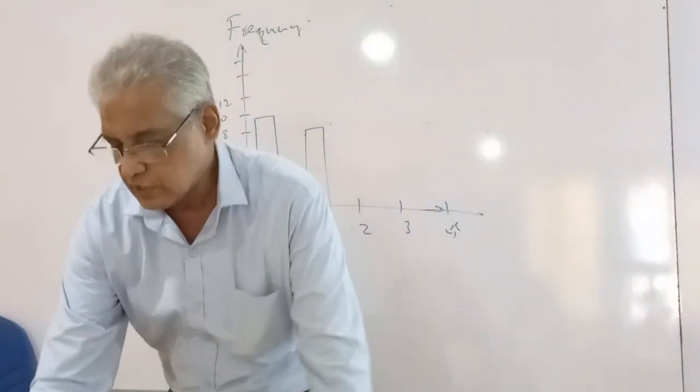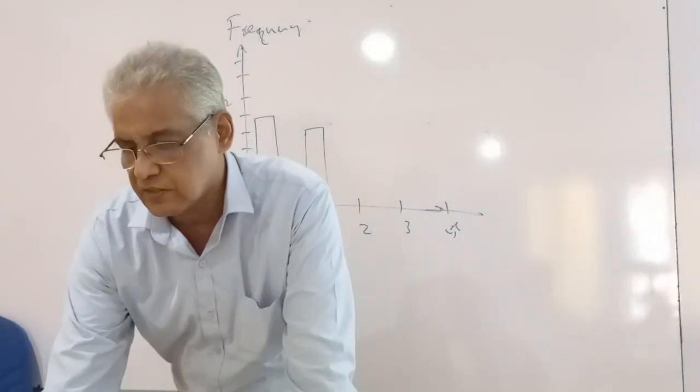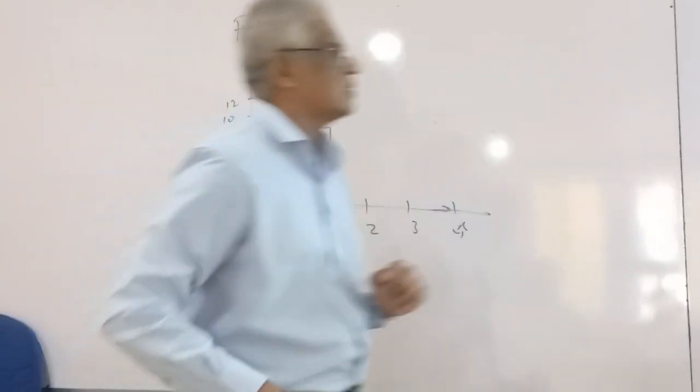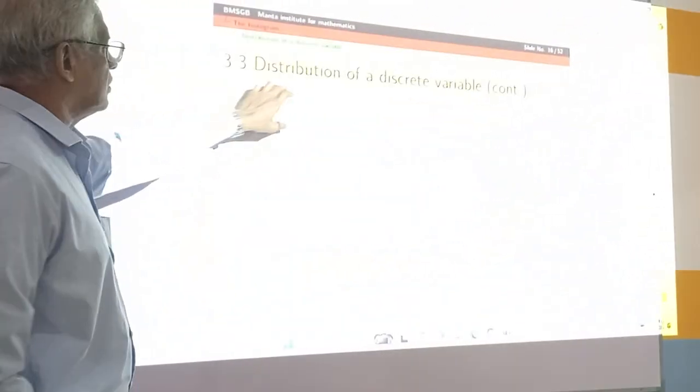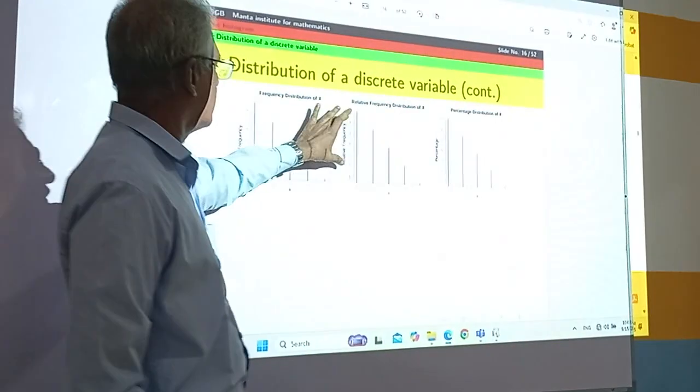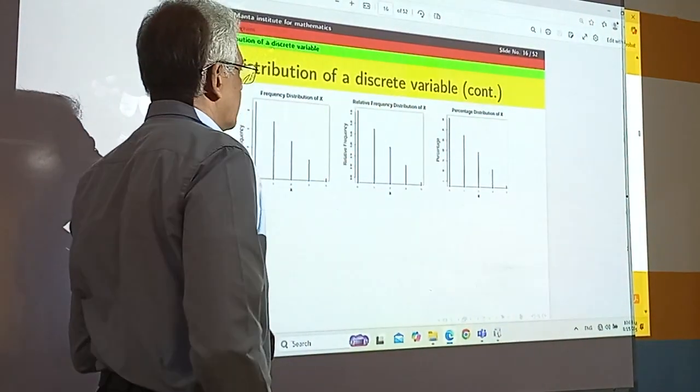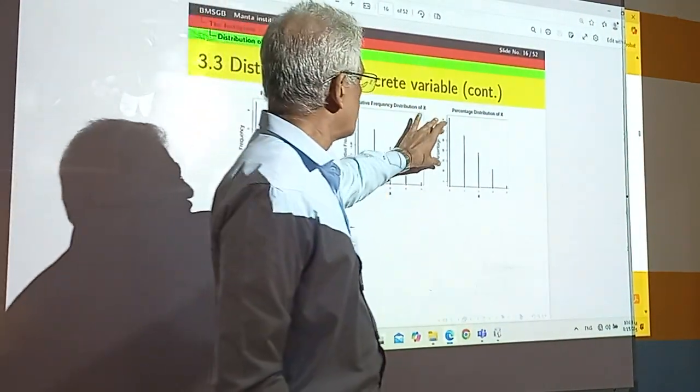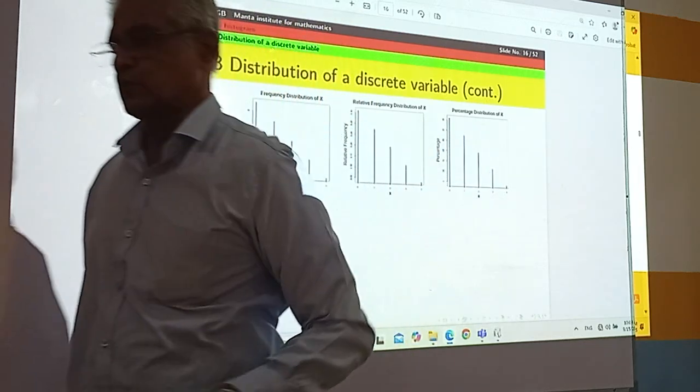But what I have drawn is not really a bar chart, it's a kind of line chart. Instead of a bar with some width, I represent them with lines here. If you have frequency on this axis, then it's called the frequency distribution. If you have the relative frequency, then you can call it the relative frequency distribution. If you have the percentage, then the percentage distribution.